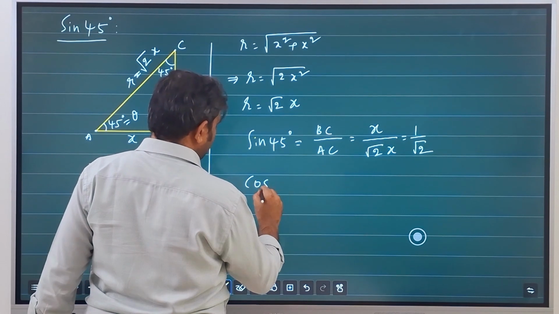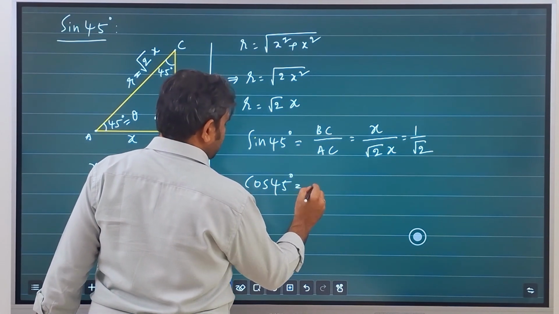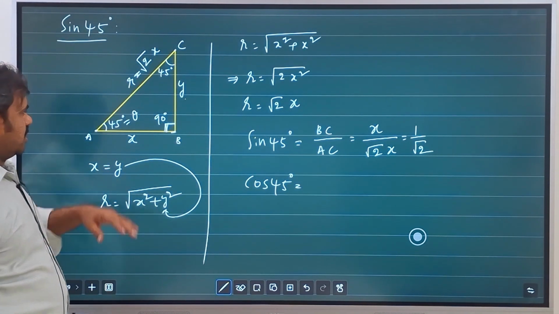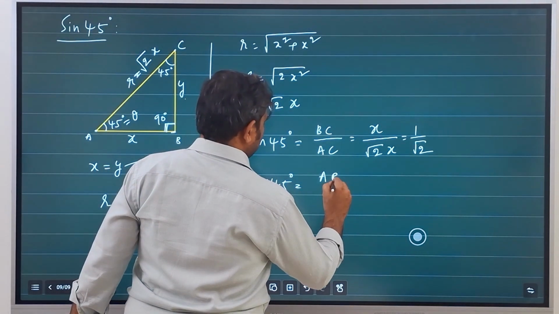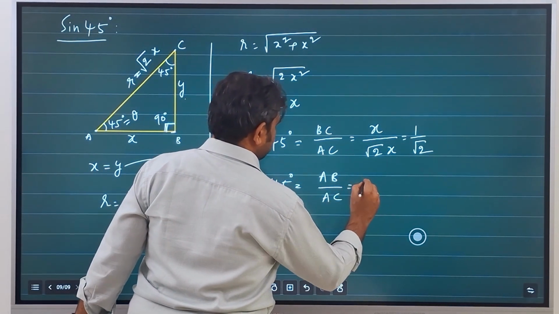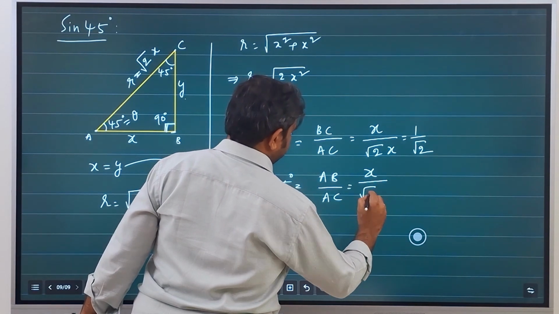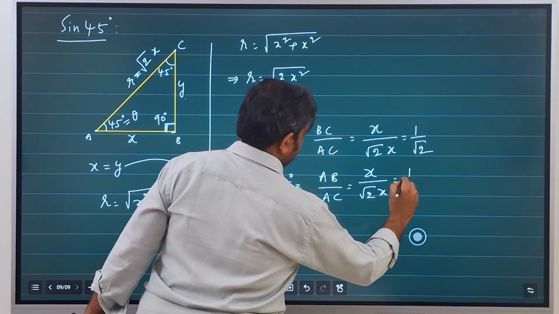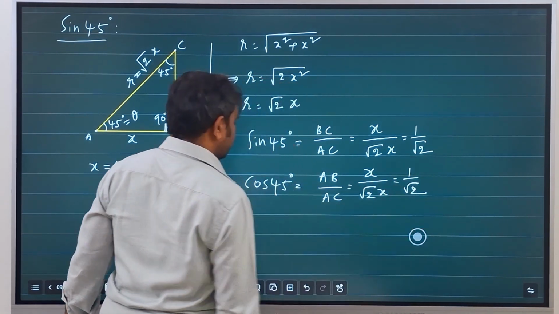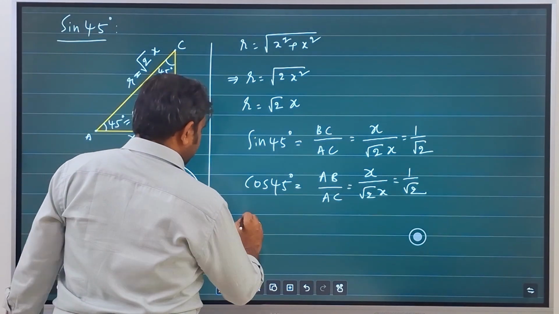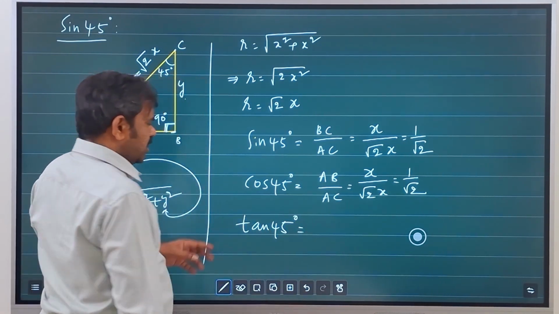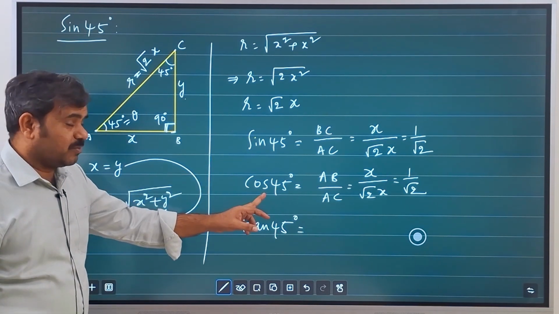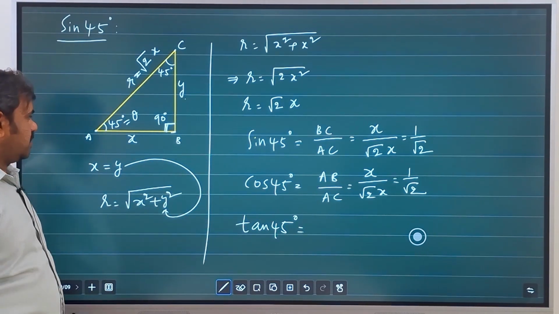Similarly, cos 45 degrees, adjacent side by hypotenuse, which is AB by AC. AB is also X. You are going to get the same value for cos 45 degrees. Similarly, tan 45 degrees is the ratio of sin 45 degrees to cos 45 degrees.